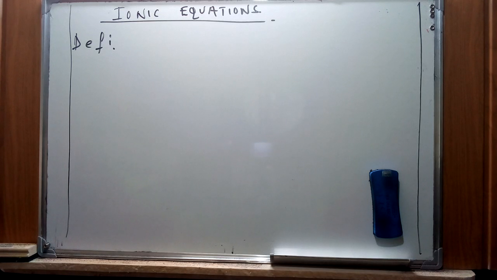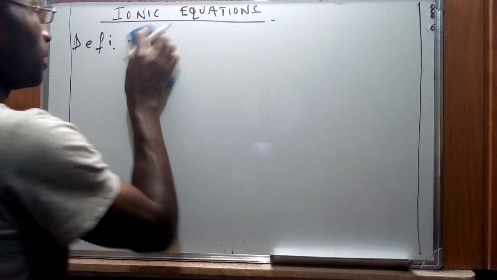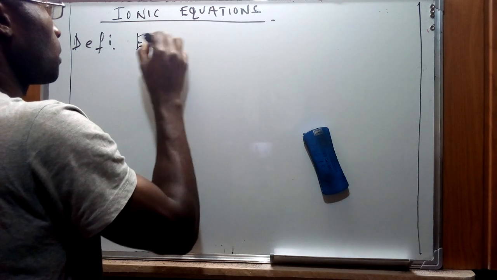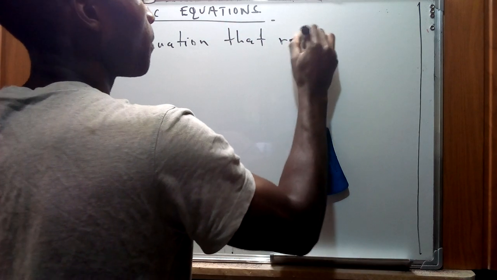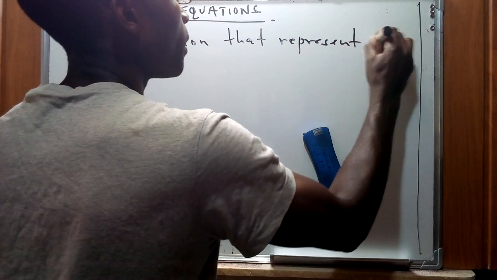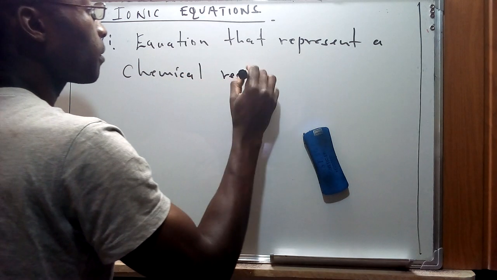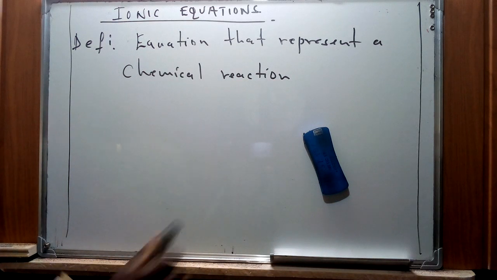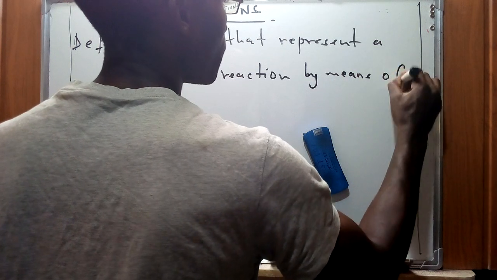So we're going to do this using some of the examples. Basically, I can just write it in full. So this is an equation that will represent a chemical reaction by means of ions.